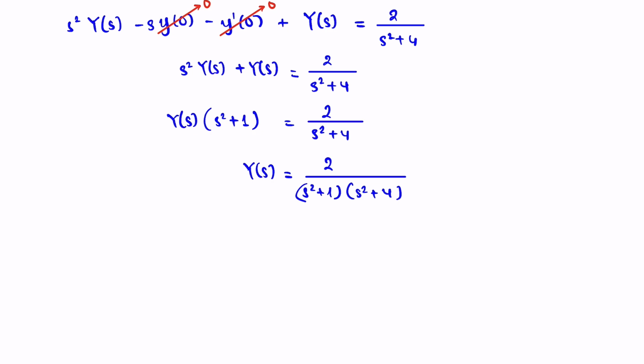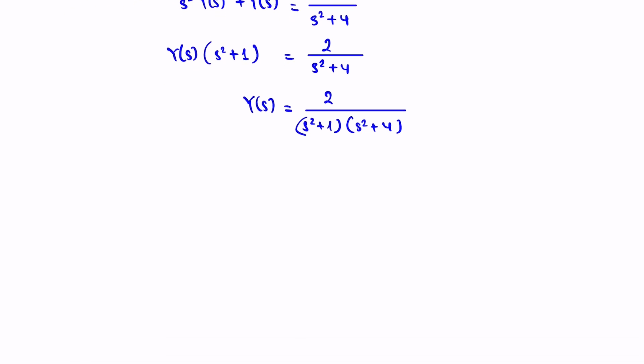Okay. And to find the solution in the time domain, you apply the inverse Laplace transform. And in this case, you have to use partial fraction decompositions one more time. But in the denominator, you have quadratic factors, quadratic because this is s to the second power.